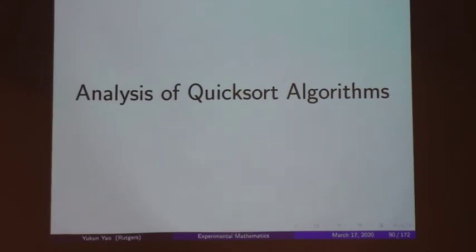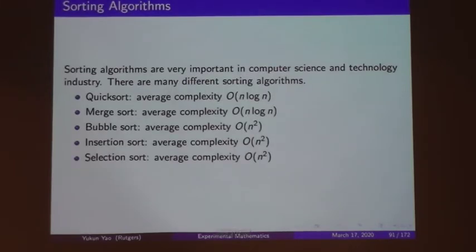Okay, then let's use experimental mathematics to do analysis of quicksort algorithms. Sorting algorithms are very important in the computer science and technology industry. There are many different sorting algorithms. Quicksort is the one we will focus on today. And merge sort, basically it means we break down the list to lengths of at most 2.